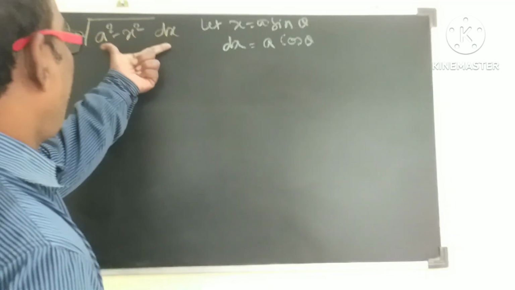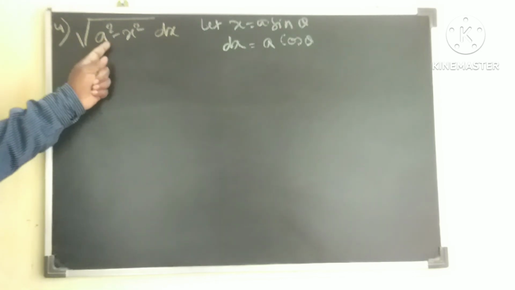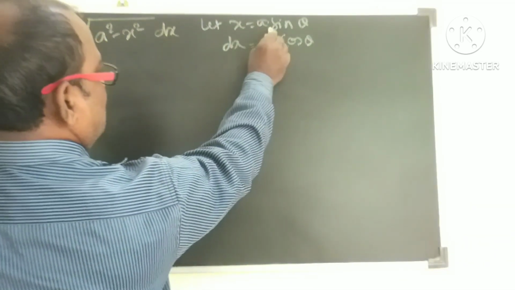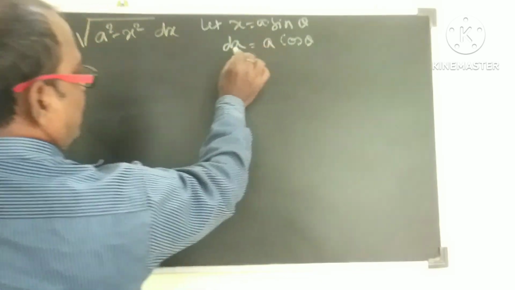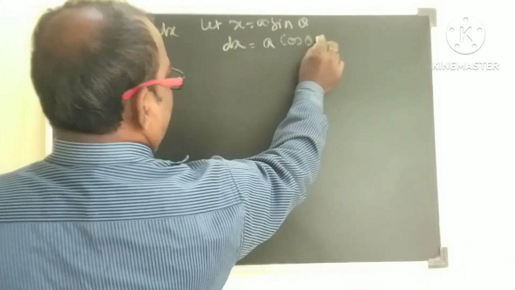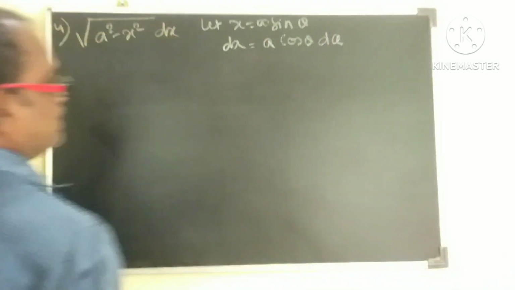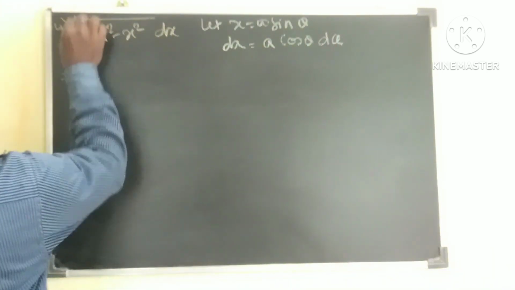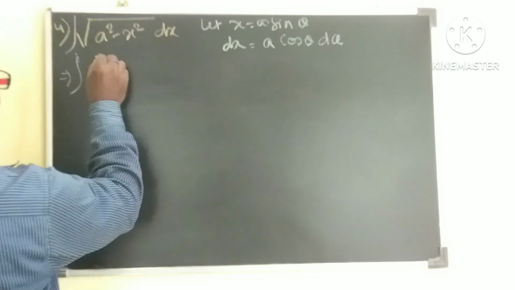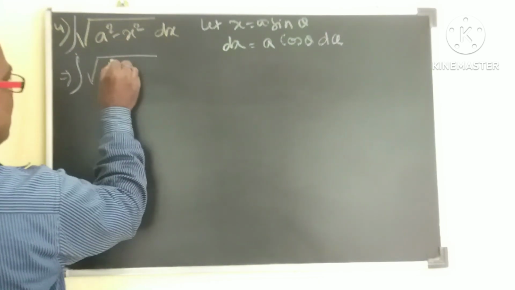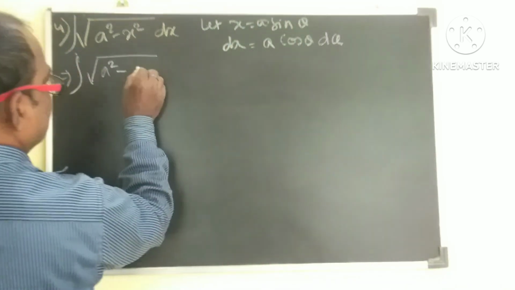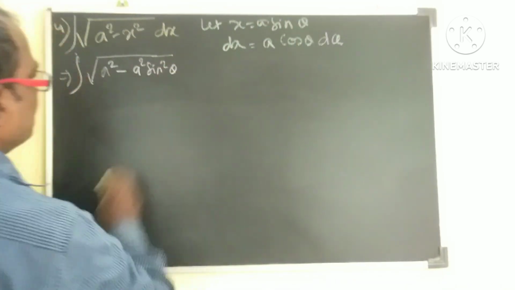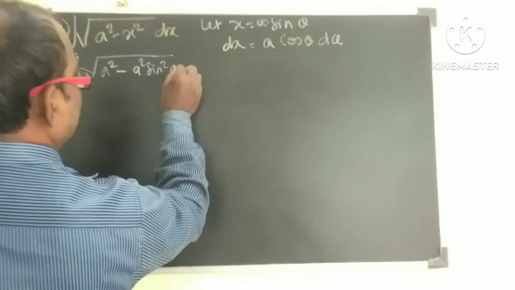So one more form of integral is root over a square minus x square. So let us substitute x equals a sin theta. Then differentiating we get dx equals a cos theta d theta. So let us write this as integration of root over a square minus x square, which is a square sin square theta.